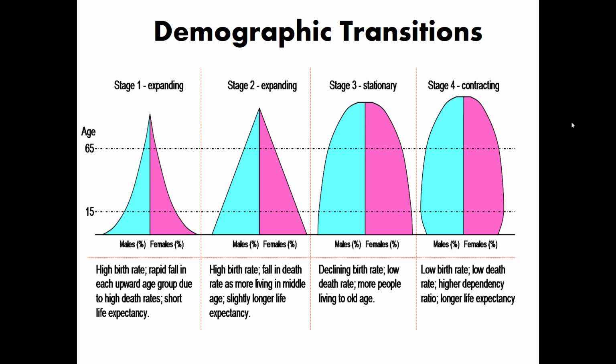So there's a lower death rate, a lower infant mortality rate, but also a lower birth rate. And with the invention of all of these great medications and medical resources, people are living longer. Last but not least, contracting. We have an even lower birth rate, a lower death rate, people are living longer, and that's increasing people's risk for developing chronic disease.